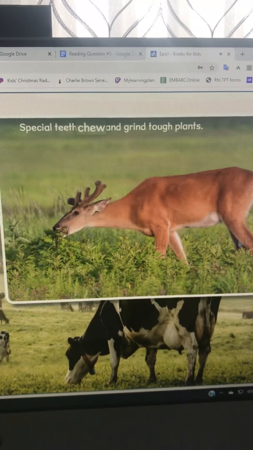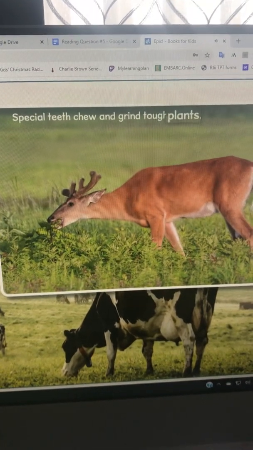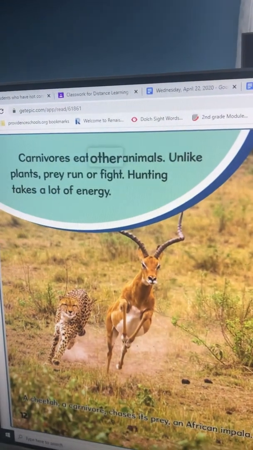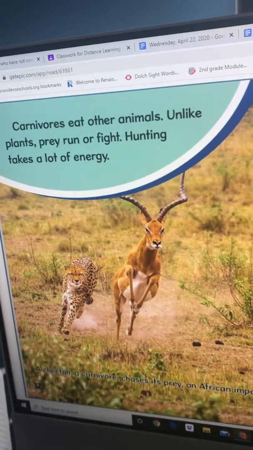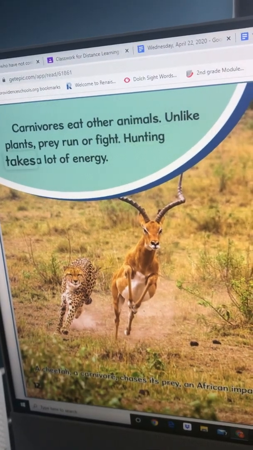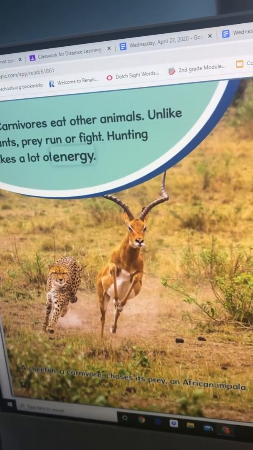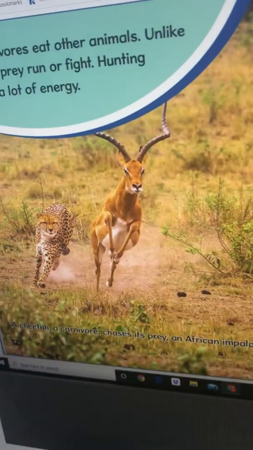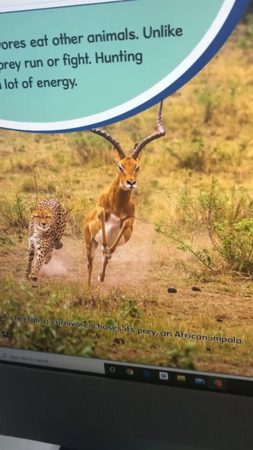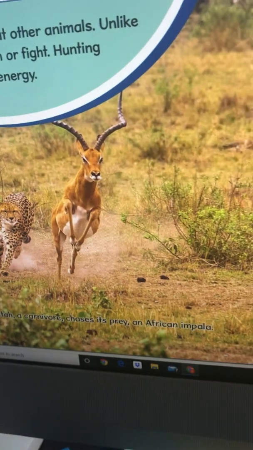Special teeth chew and grind tough plants. Carnivores eat other animals. Unlike plants, prey run or fight. Hunting takes a lot of energy. A cheetah, a carnivore, chases its prey, an African impala.